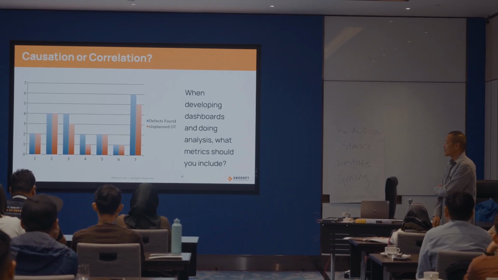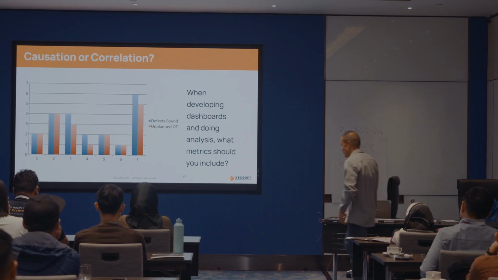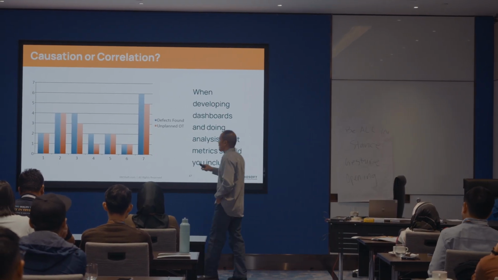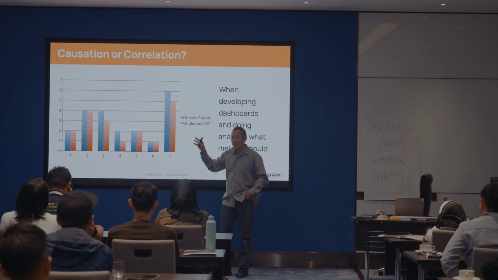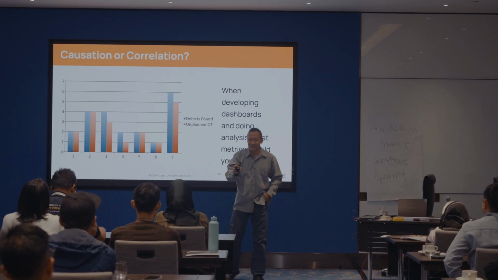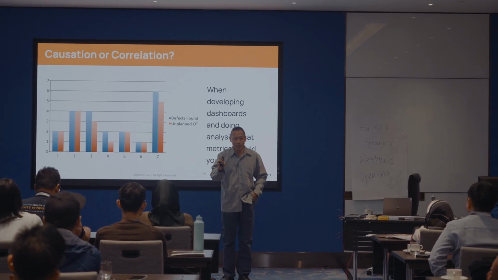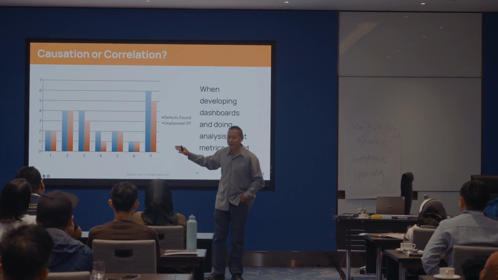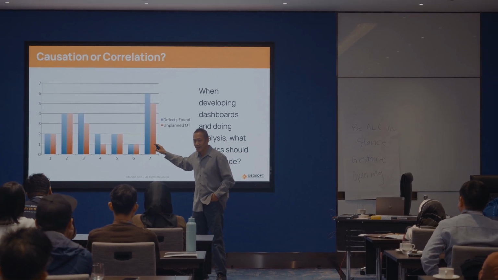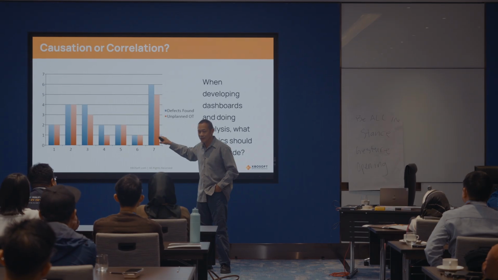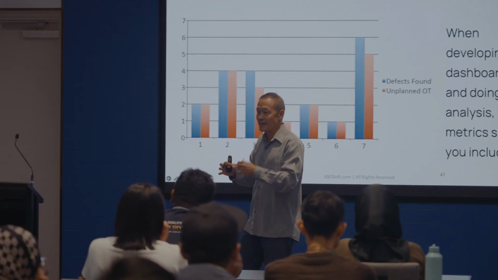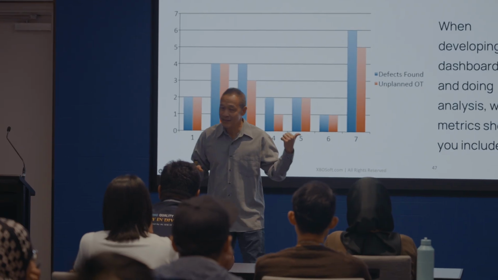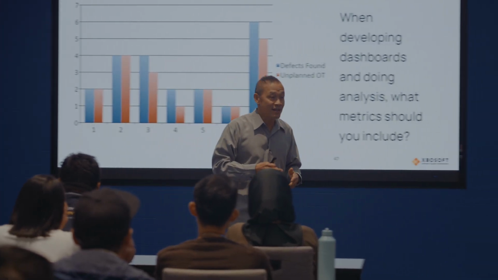So we're showing two dimensions here: defects and overtime. What kinds of things would go before that? Let's think about that in the whole process. If we want to decrease overtime and decrease defects, what kinds of things would we measure earlier that would impact that? Anybody have any ideas? What's that?